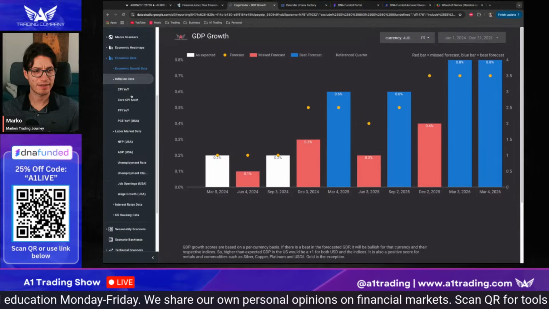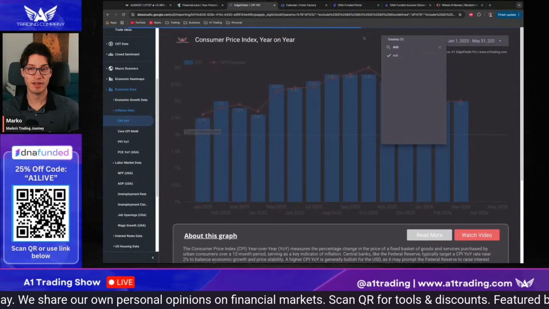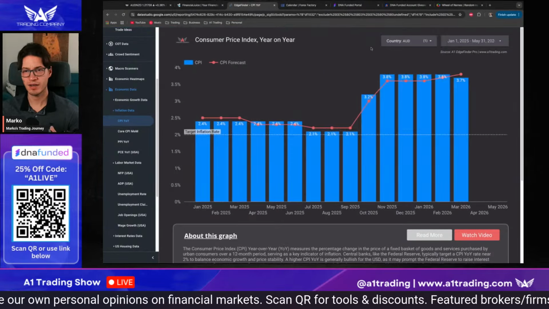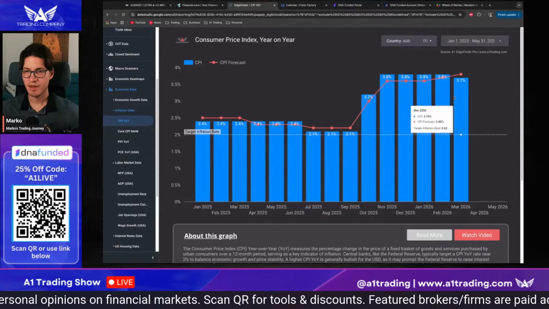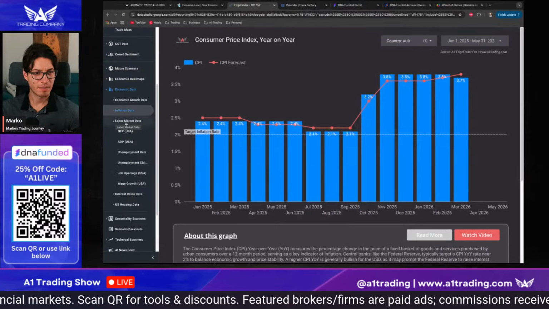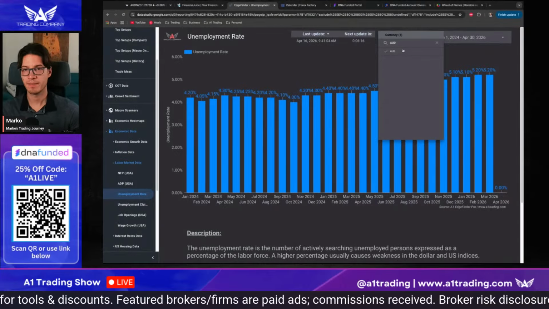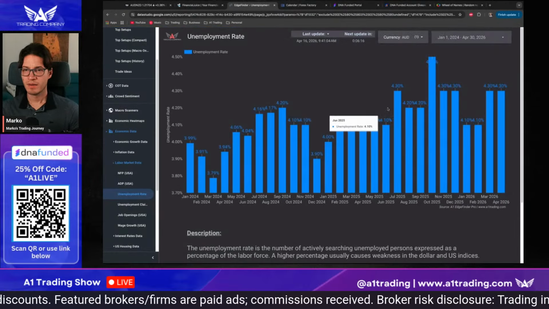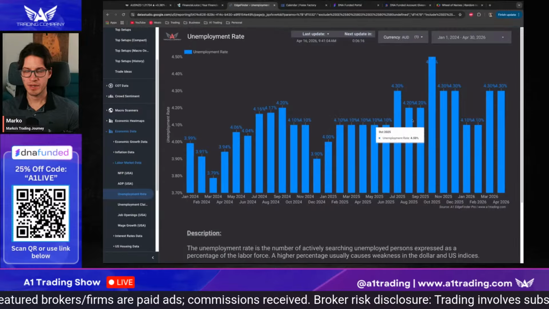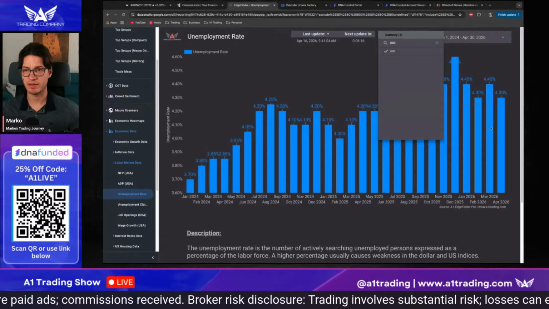Then we look at the inflation, which I believe is under control in Australia. At least it was before the conflict. It's not. Okay. 3.7% climbing. But I think the unemployment is doing okay. Yeah, unemployment is fine. Under control. I think it's similar to the US. Definitely not in an uptrend.